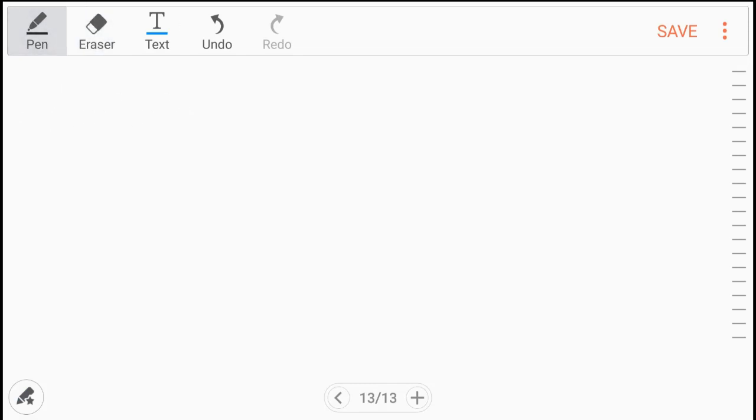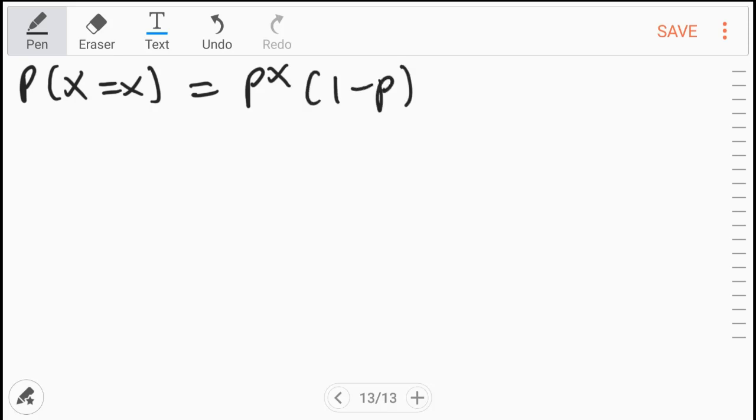Originally, our PMF is P of x is equal to small x, which is p to the power x, 1 minus p to the power 1 minus x. We want to find P of x is equal to 0. So wherever we see x, we substitute 0.